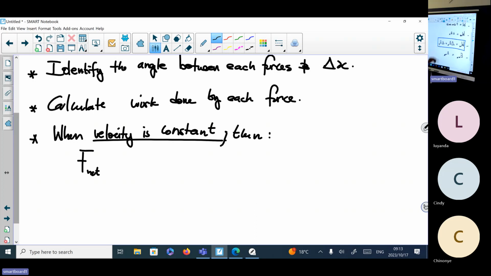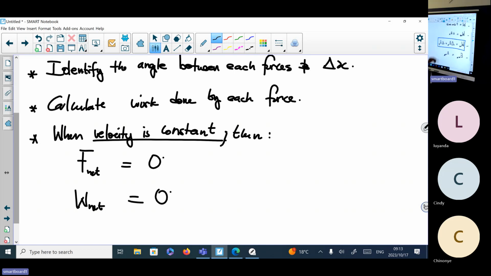The net force acting on an object will be zero. The work done by the net force on an object will be zero. So these are the keywords that you're going to be looking out for when you start solving these problems.